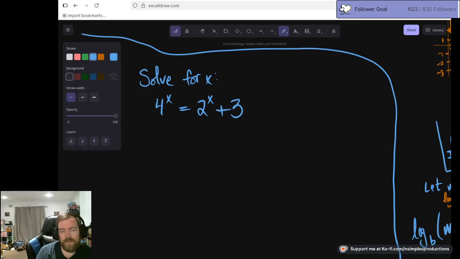The other thing to do would be to say, all right, let's assume for a moment that this 4 to the x can be written as 2 to the, and then here this could be 2x. So that's one good way to do it.